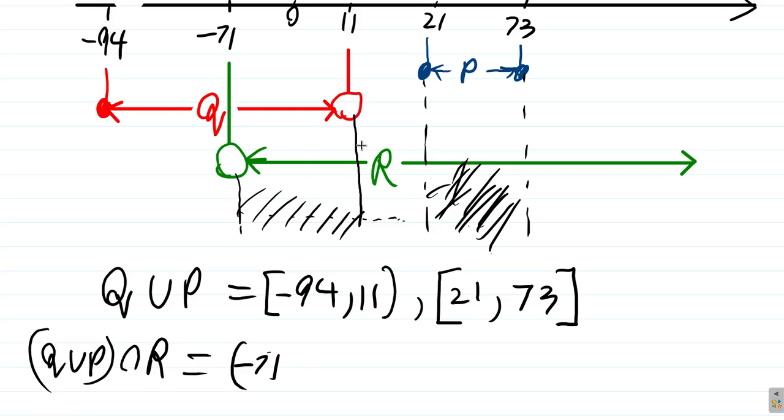Now 11 is also not included. So comma 11. I mean, it is in R but not in Q because it's not included. And then P, both of them are included. There should be square brackets, 21, 73. Right? Based on what is going on here. So that's what we have there.